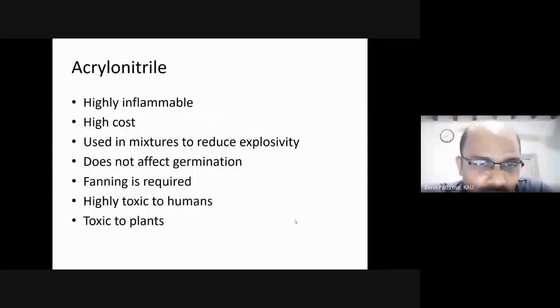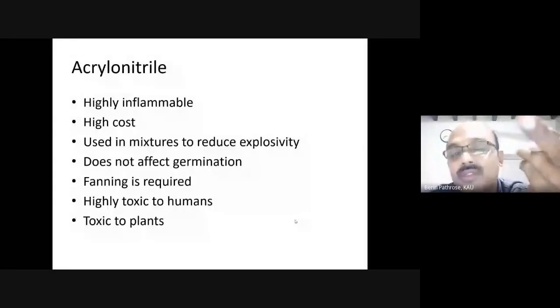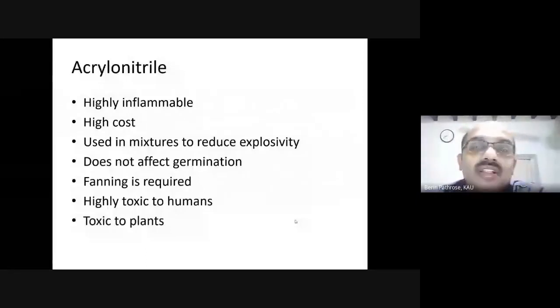First one is acrylonitrile. Acrylonitrile possesses many highly undesirable properties. Once, it is highly inflammable. Then we have high cost. It is costly, and because of its high inflammability, we will try to mix it with certain other fumigants which are non-inflammable.